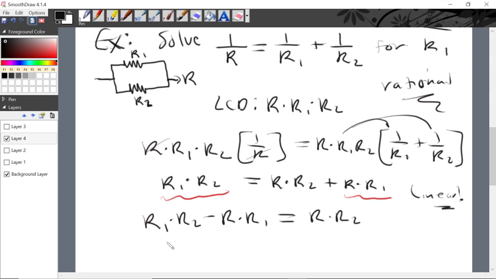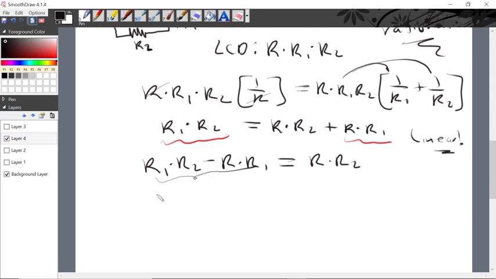Now that we've collected R1s on one side, we can factor out the R1 as the greatest common factor of this expression. We get R1 times the quantity R2 minus R, and that is equal to R times R2.